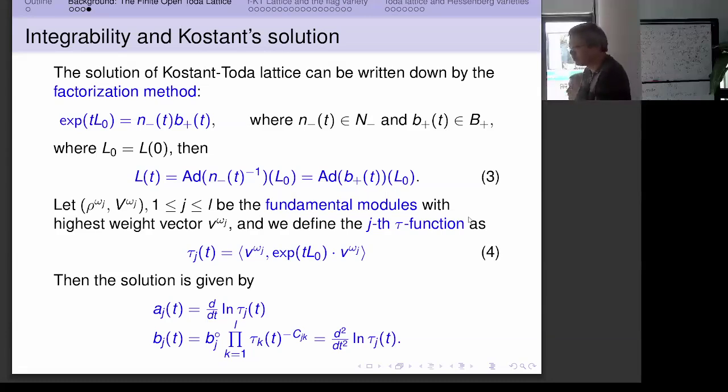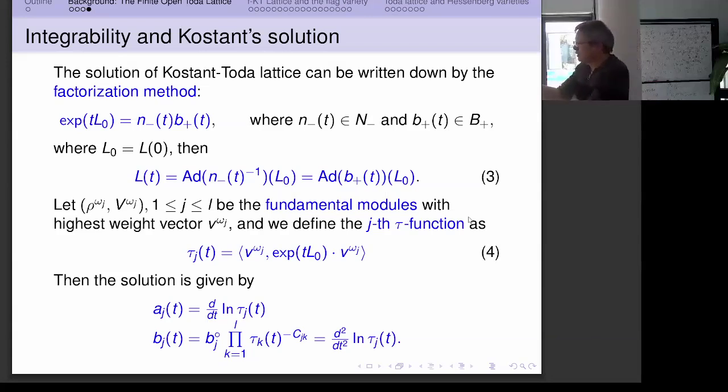So what it says is that in type A, this is just the J-th principal minor of this matrix exponential, exponential t L naught. That's the only thing I need.